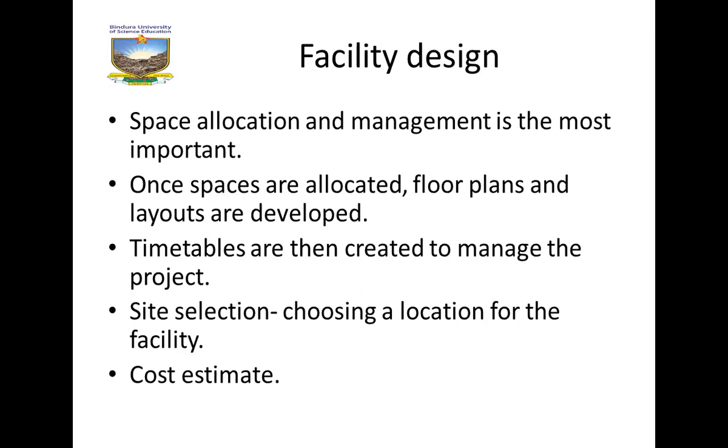This is where we're going to have football, and so on. So you allocate sport spaces in that facility. This is the soccer ground. This is where the people are going to sit. This is a VIP section. That's the most important part of facility design. Once your spaces have been allocated, you can then come up with your floor plans, and your layout is then developed.